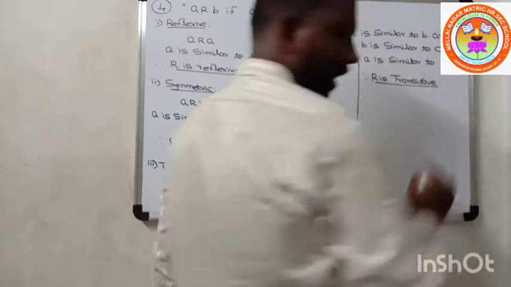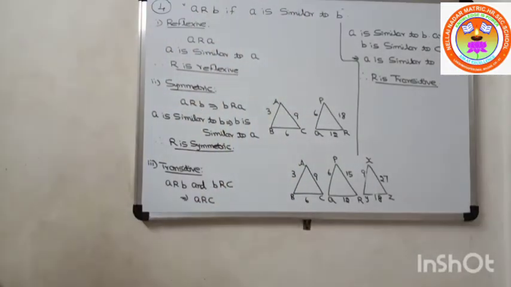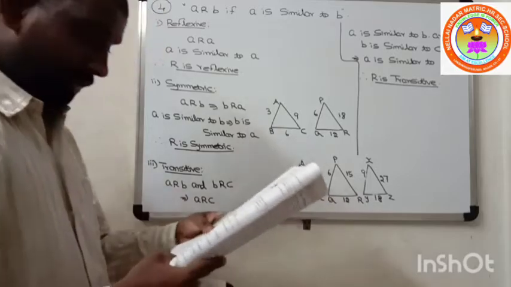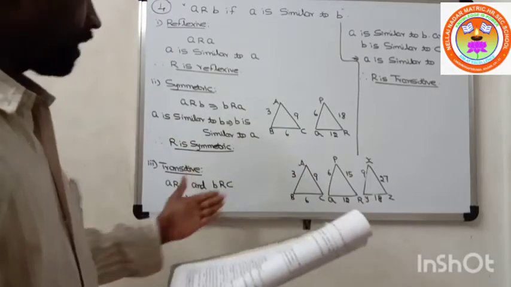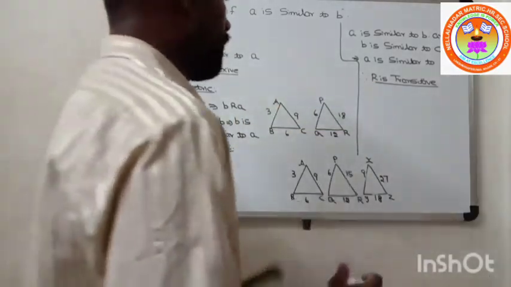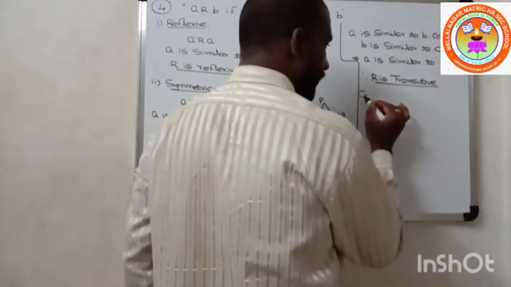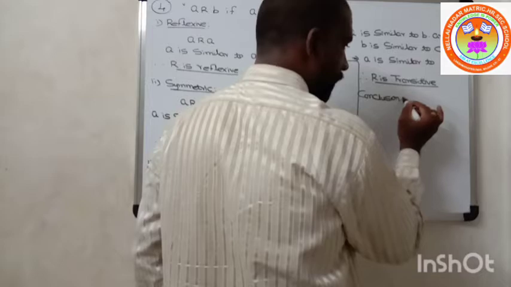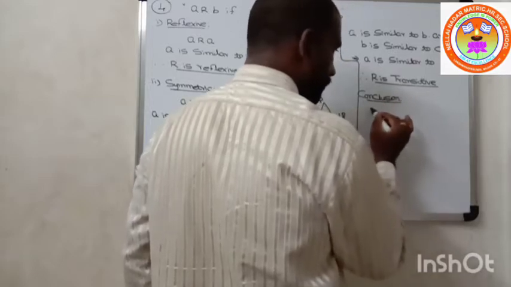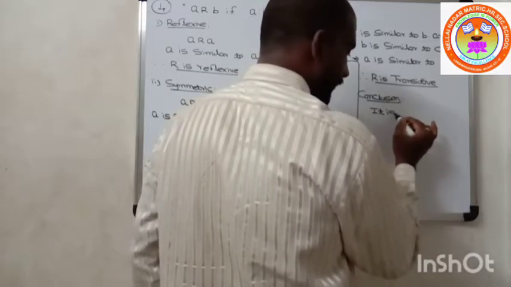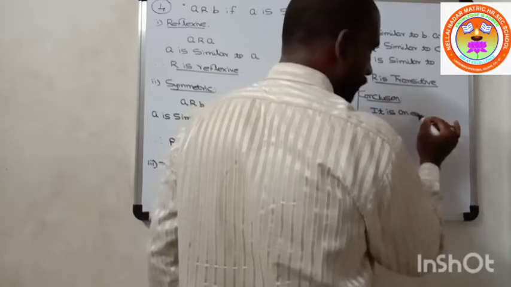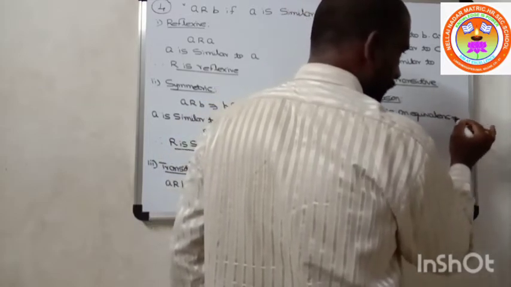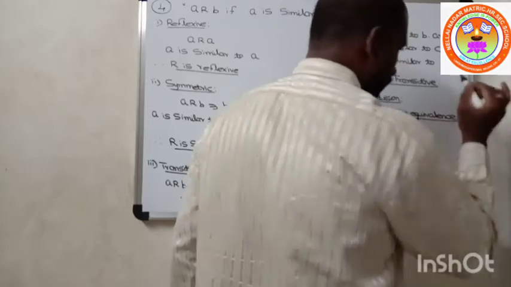So R is reflexive, R is symmetric, R is transitive. For all three conditions satisfying, it is an equivalence.